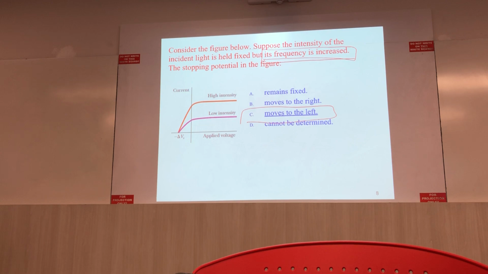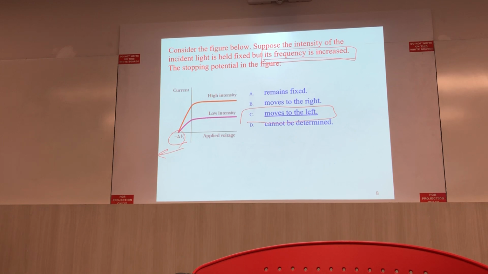So when this energetic photon kicks out the electron, then your electron is going to be more energetic too. So it actually has more kinetic energy. Therefore, to stop your energetic electron, you must apply a much larger potential. Isn't it? Therefore, this will move to the left.